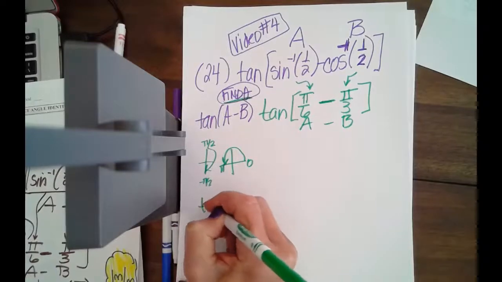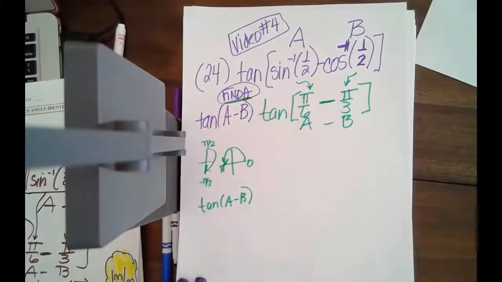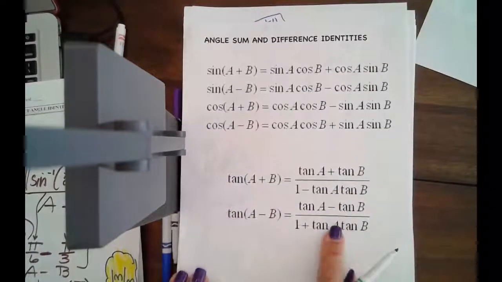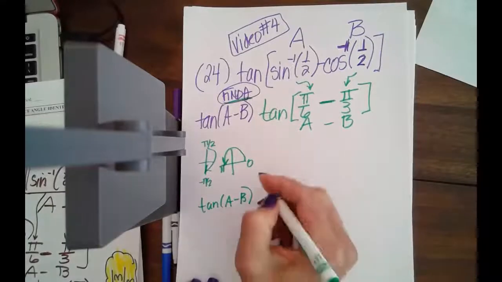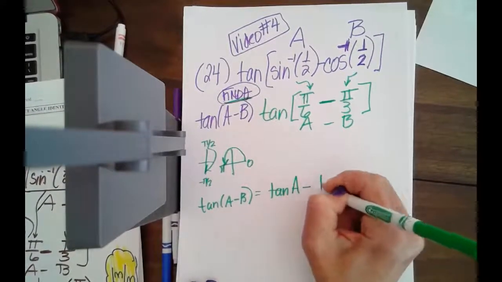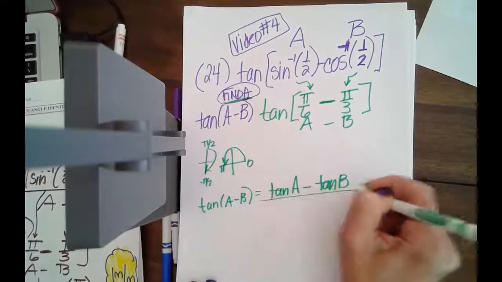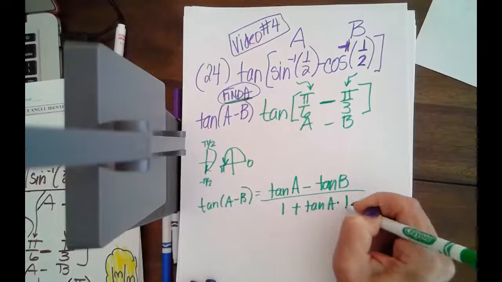All right, tangent of alpha minus beta. Here it is, alpha minus beta. We're going to be using this guy down here. So it is equal to the tangent of alpha minus the tangent of beta, divided by 1 plus the tangent of alpha times the tangent of beta.